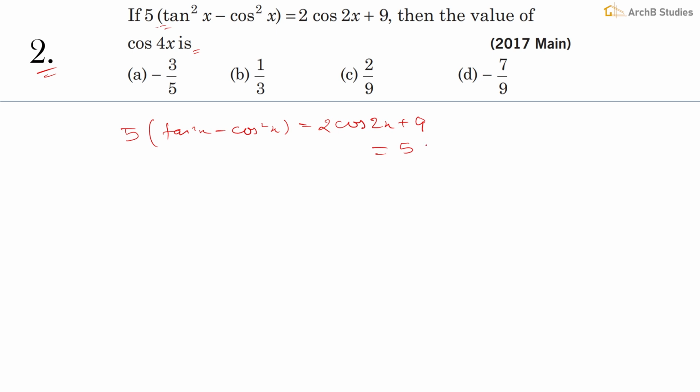We can write this as 5 sin square x upon cos square x minus cos square x. And since we want to convert this into cos 2x or cos x, we will use the identity of cos x. So we will multiply 2 on top and 2 on bottom. Okay, this gives us 2 cos 2x plus 9.